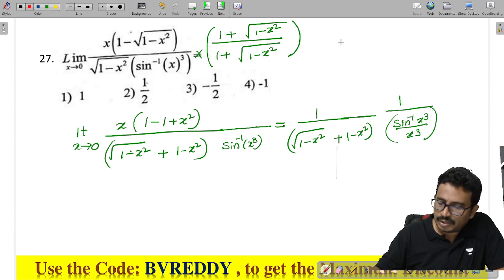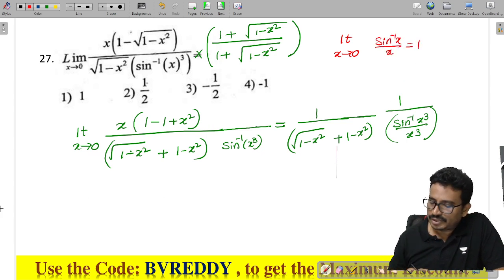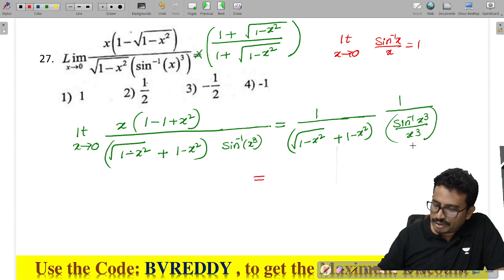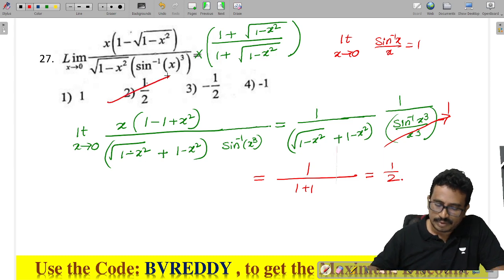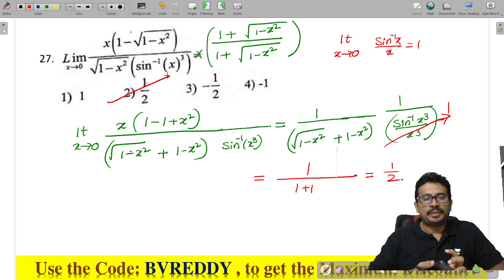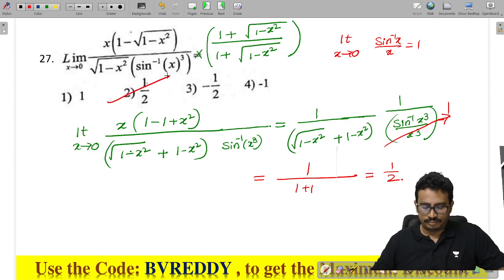Right? Now as we know, limit x tends to 0, sine inverse of x by x is equal to 1. So this whole value is equal to 1. If I substitute x is equal to 0 here, this is 1 plus 1, which is equal to 1 by 2. Right? Next problem.